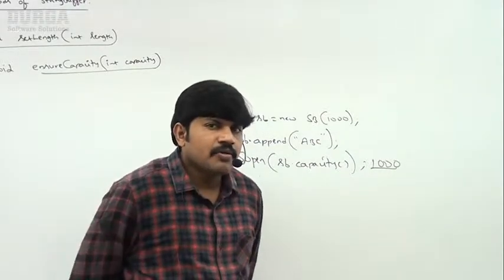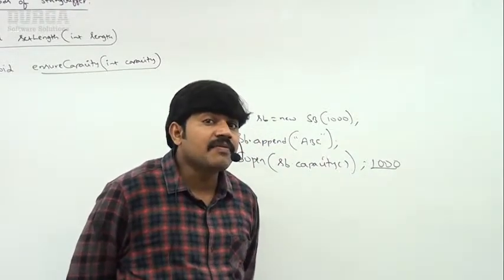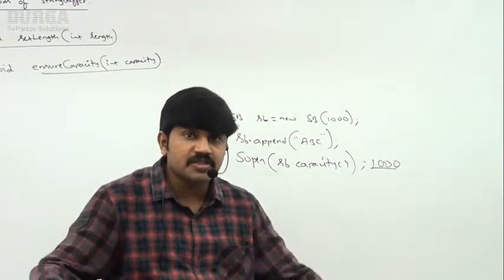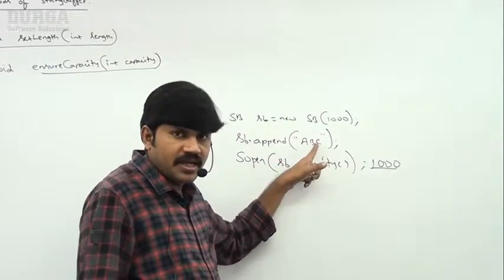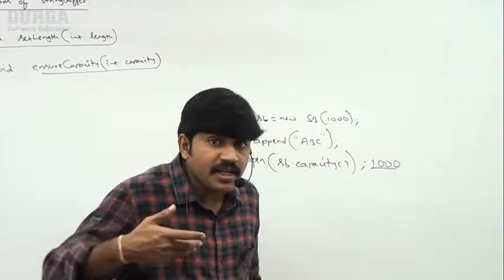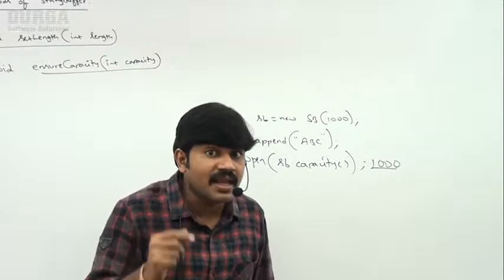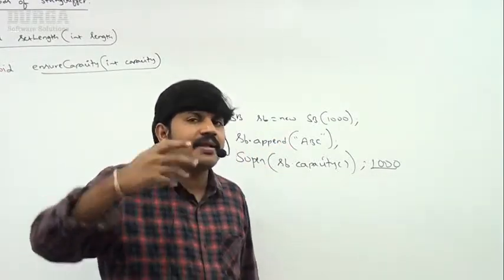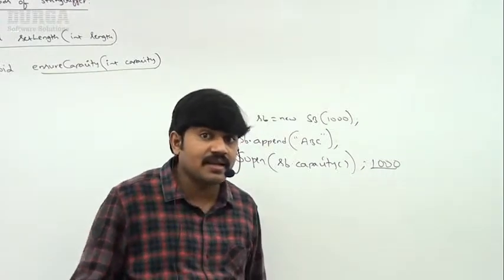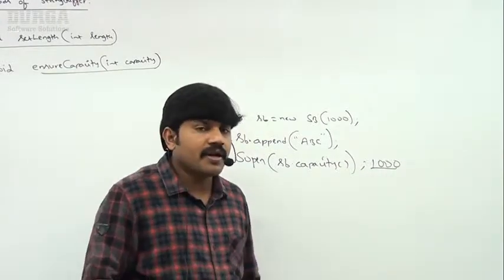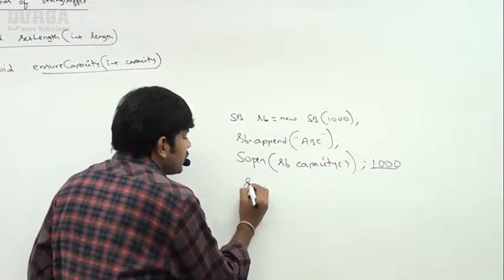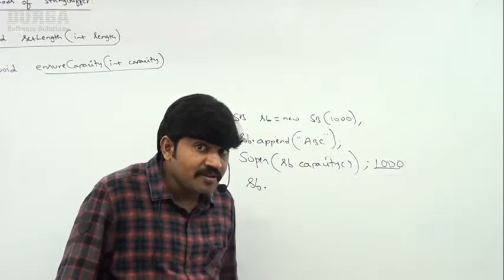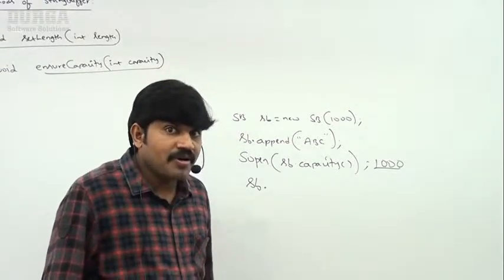Then what about the remaining 997 memory locations? Waste. You took a 1000-capacity StringBuffer, added only 3, and won't add any more. Then the remaining 997 memory locations are wasted. To deallocate that extra allocated memory, can you guess what the method is?